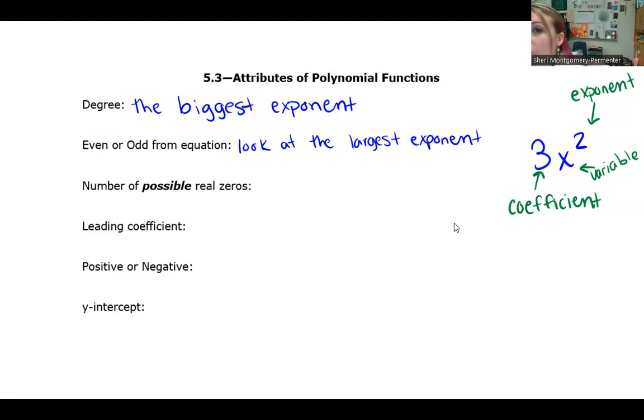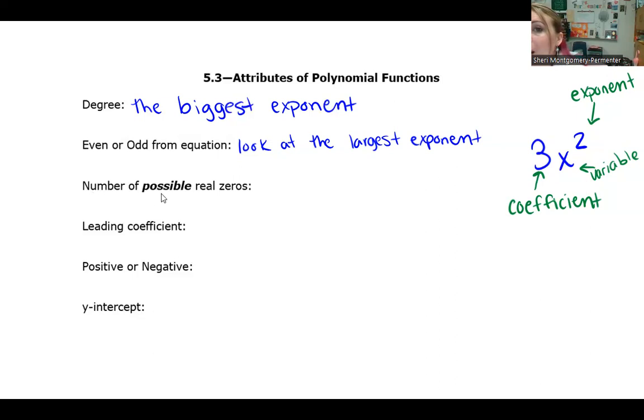So this made up term over here, what degree would this be? 2, or second degree. And would you say that is an even or odd number? Even. Again, not meant to be a trick question. If the degree is even, it is even. If it's odd, it's odd.